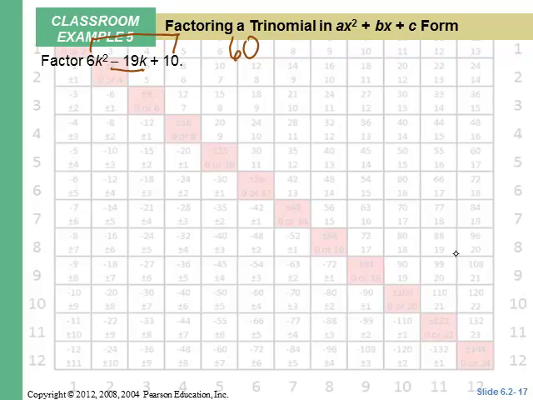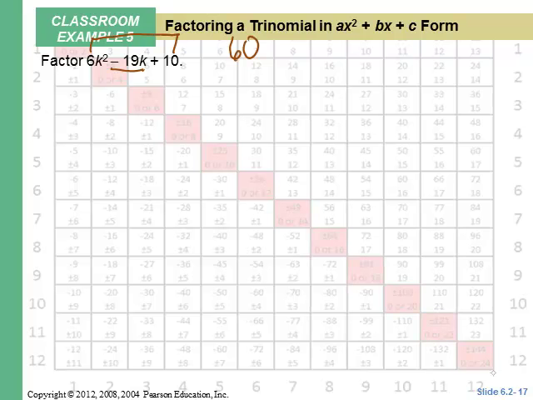Let's see, 60 and 19. Where is it? 60 and 16, 60 and 17. I don't see 60 and 19 on here. Where is it? Come on. What two numbers multiplied equals 60, added equal 19?